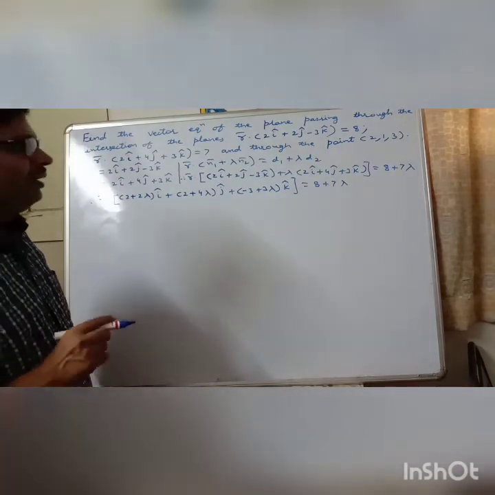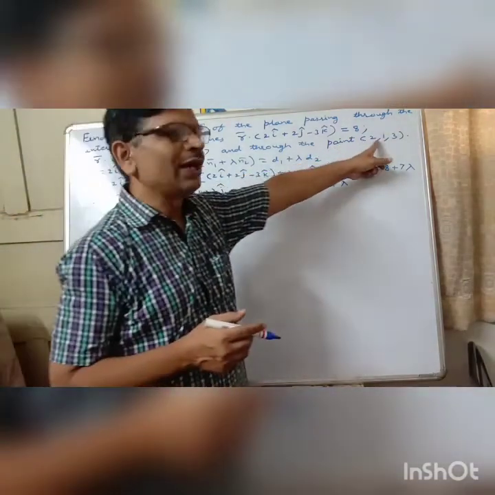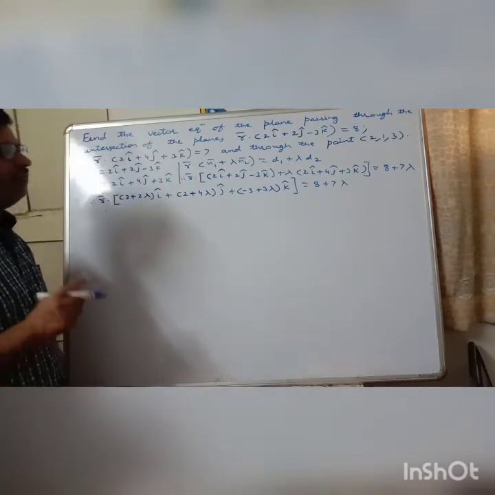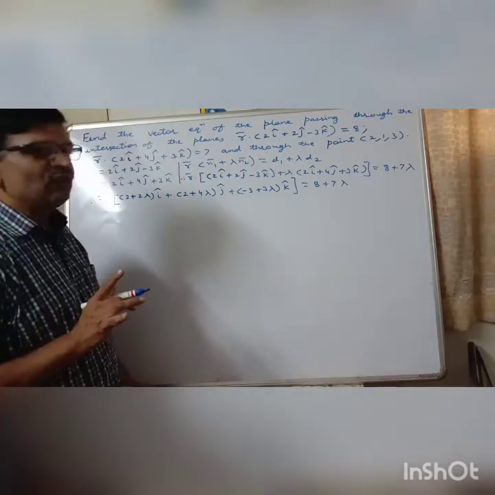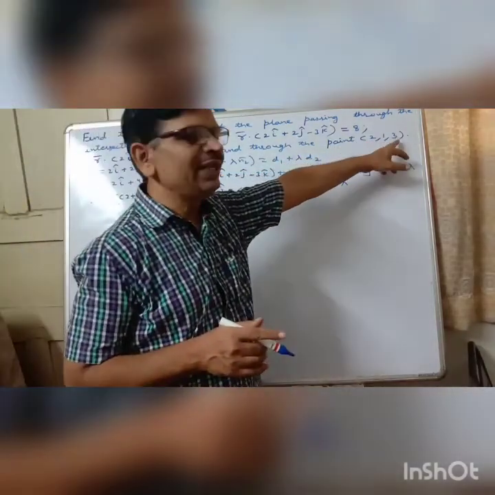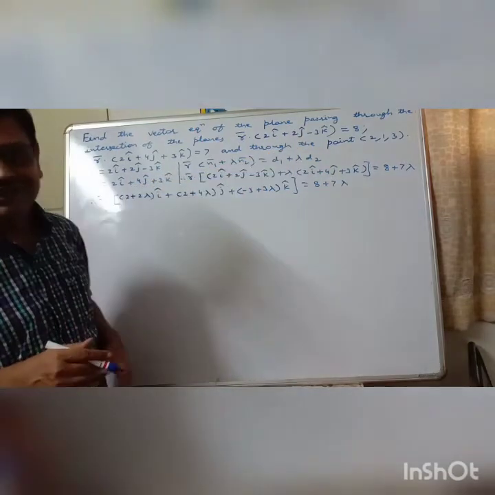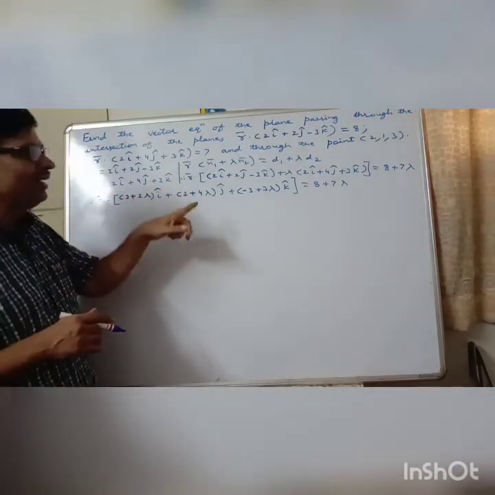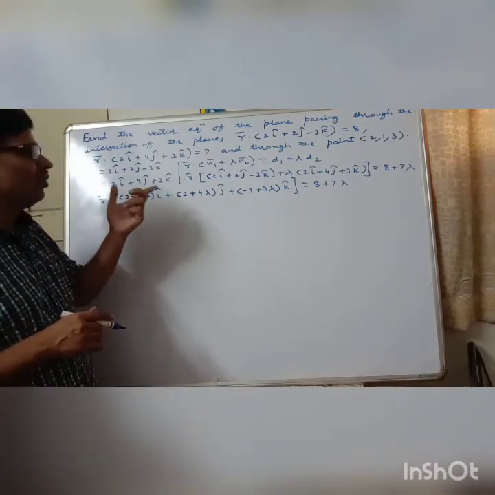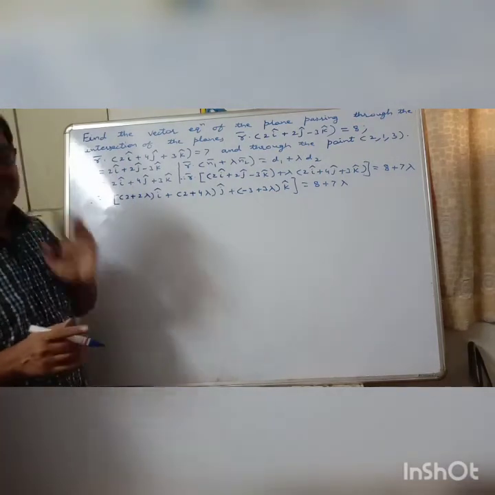To get equation of required plane, one more condition is given, that plane is passing through this point, and by using this condition we can find value of lambda. Now these are the coordinates of point, so we can put them as values of x, y, z. So we want equation in terms of x, y, z, means this equation we have to convert into Cartesian form.